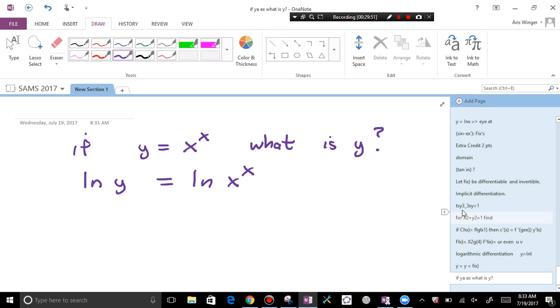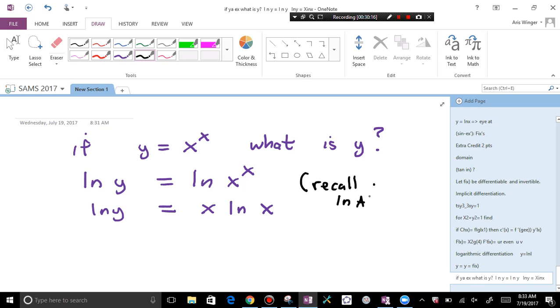Okay. Wow. That's interesting. So natural log of y equals the natural log of x to the x, and then the natural log of y is x times the natural log of x. Right, so again, this is by the power rule. Recall that all I'm doing is bringing the power in front.